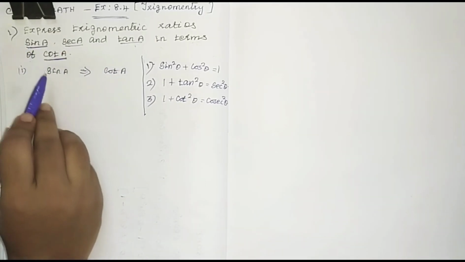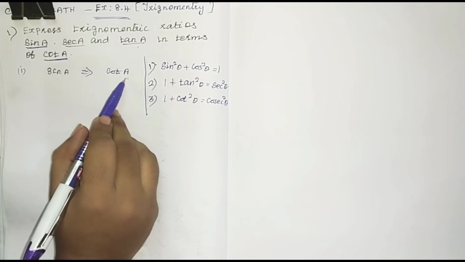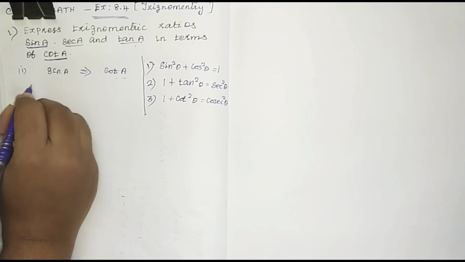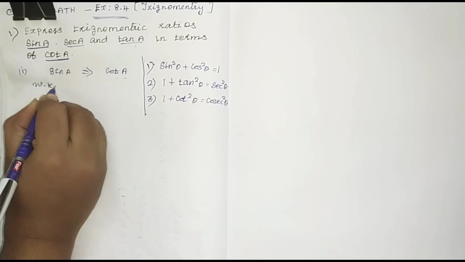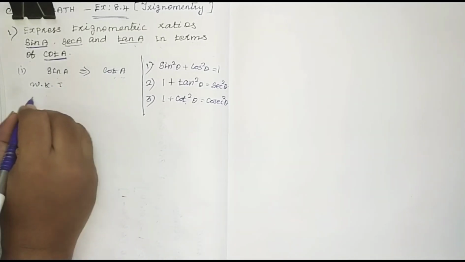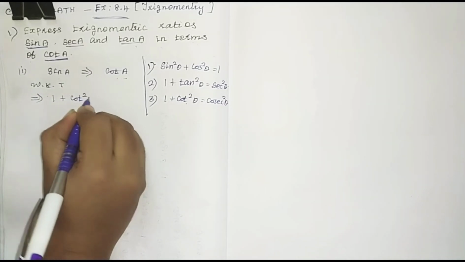So the first question is to convert sin A to cot A. Directly we can't convert. For that we consider the third trigonometric identity: 1 plus cot square theta equal to cosecant square theta.